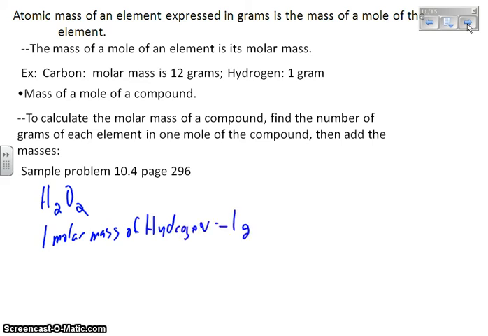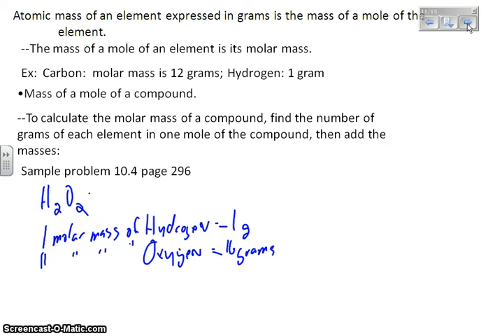And we know that 1 molar mass of oxygen is 16 grams. I looked that up on the periodic table. All right? So what we don't know is the total molar mass of that compound. That's what it's asking. What is the molar mass of that compound?